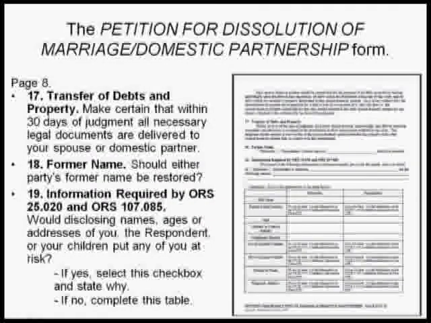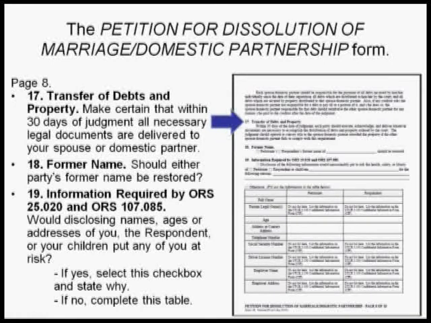Transfer of debts and property. Make certain that within 30 days of judgment, all necessary legal documents are delivered to your spouse or domestic partner. 18. Former name. Should either party's former name be restored?